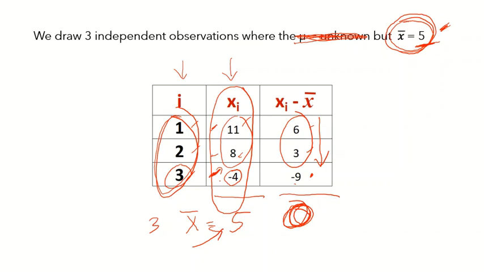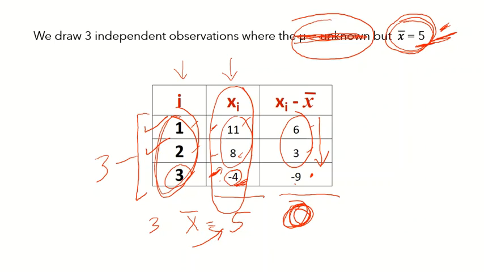That number is -4. Take note, when you don't know the population mean and you only base your calculations on the sample mean, out of your 3 samplings, you only have 1, 2 that are free to vary.